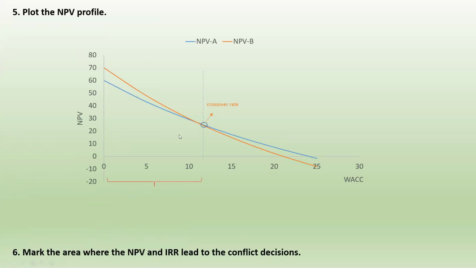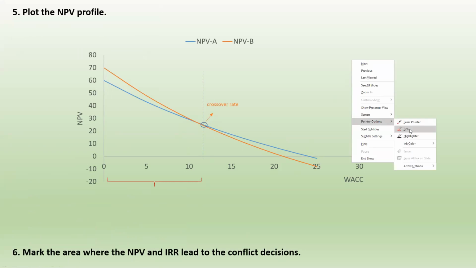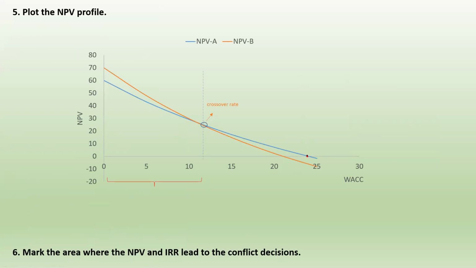And in this range, because we know here is the IRR of A, and here is the IRR of B, the IRR of A is always greater than the IRR of B. And according to IRR rules, we should choose project A. However, when the weighted average cost of capital is less than the crossover point, the NPV rules suggest that we should choose project B. So in this range, those two rules lead to a conflict of decision.